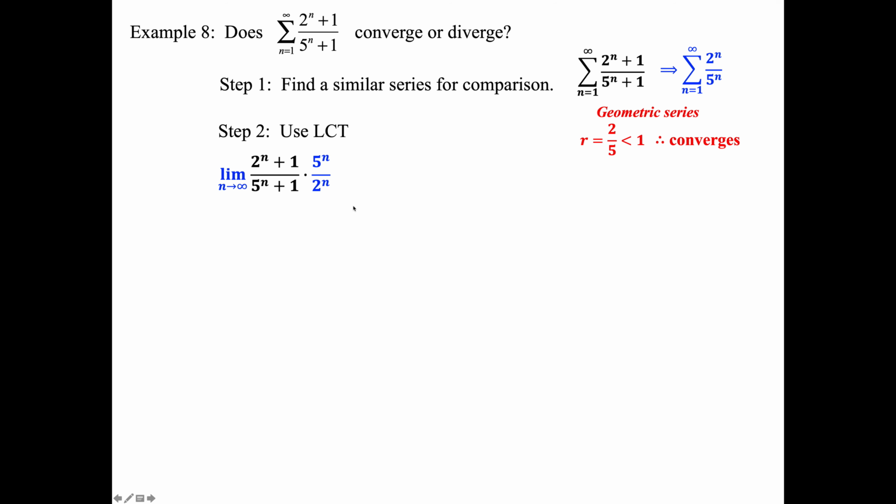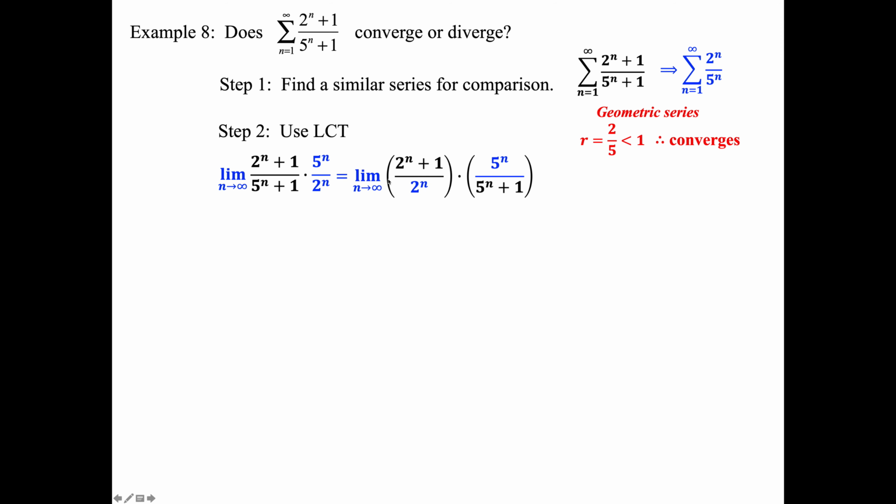Ooh, this is going to be interesting. Okay, so here we want to work smarter, not harder. If we want to take the limit as n approaches infinity, what we really want to have with our fractions is the 5 to the n in the numerator over this 5 to the n plus 1, and the same thing here.